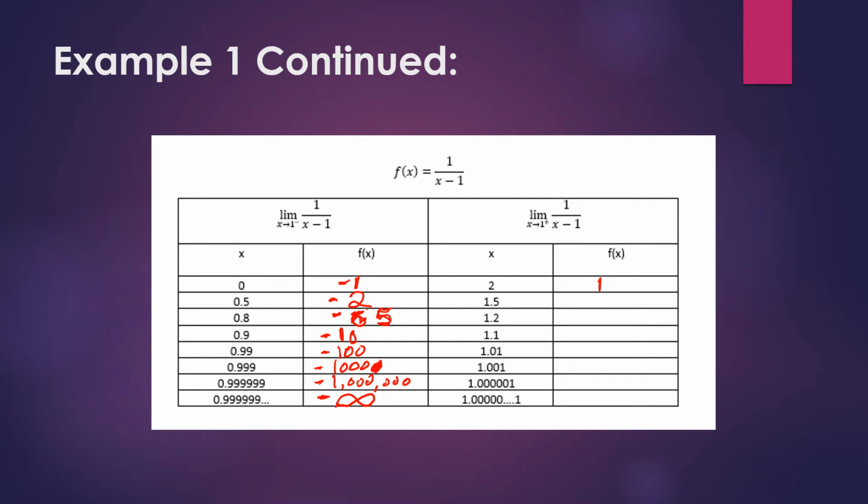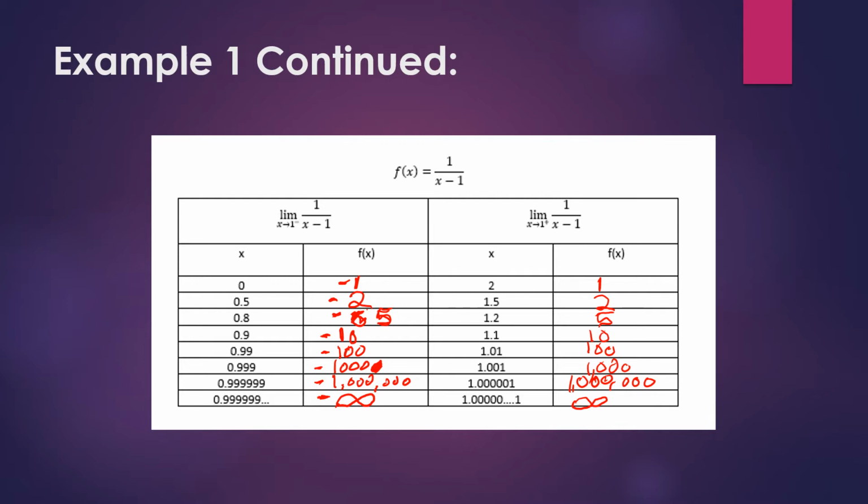Plug in 1.5. I'm going to get 1 divided by 0.5, which is 2. And then I'll get 5, 10, 100, 1,000, 1 million. And if I keep going, it's going to be heading towards infinity.